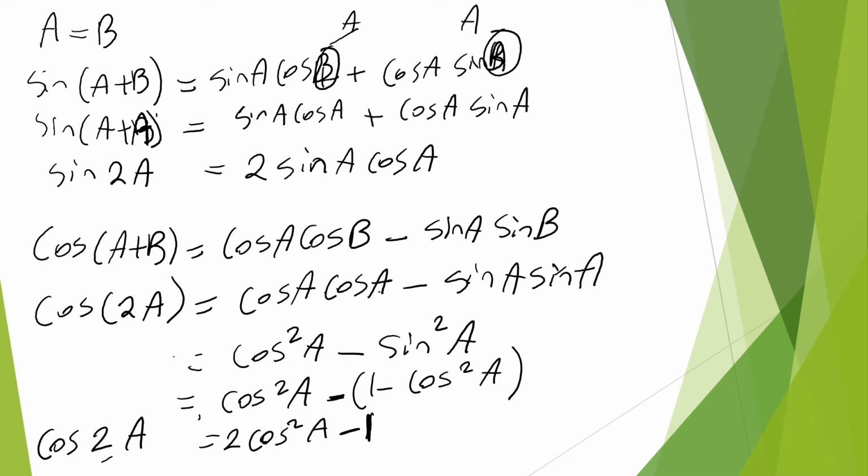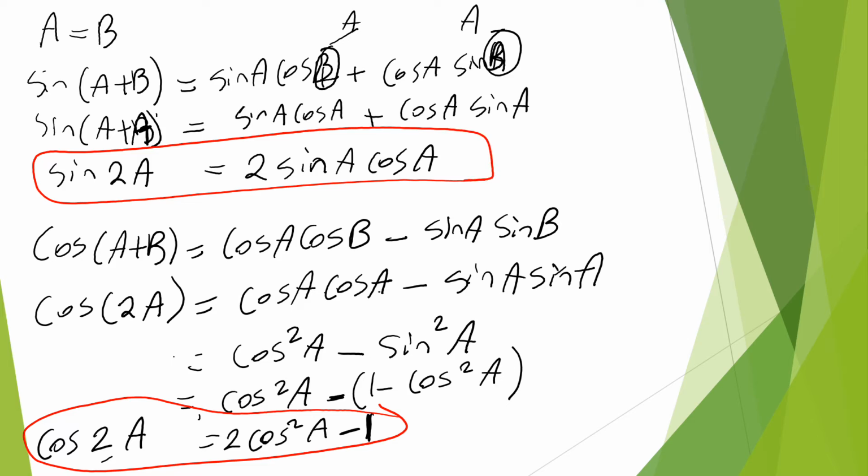Alright, so those are the two identities that we're going to use today. Obviously, for the cosine 2A, instead of changing the sine into cosine, I can change the cosine into sine. So I can rewrite this.